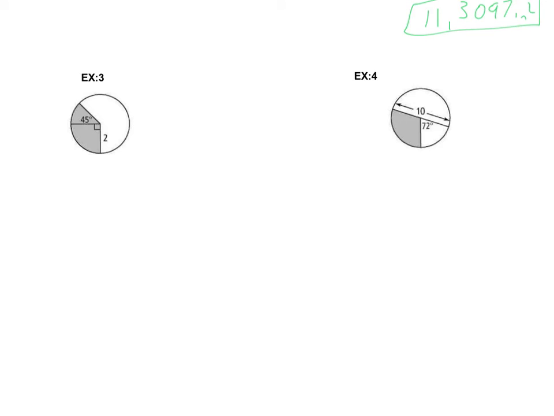Sometimes, guys, you have to combine a few areas here. Again, it's the same formula. A sector equals the arc measure, which in this case isn't 45, it's not 90, it's 45 plus 90. So 135 over 360 times pi times 2 squared.